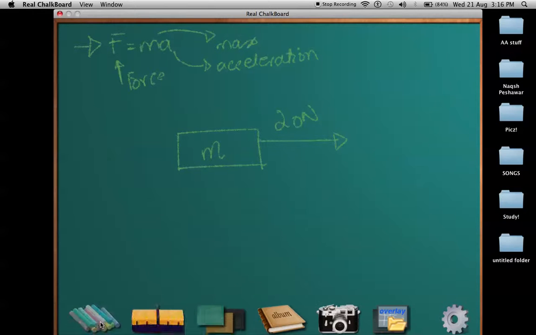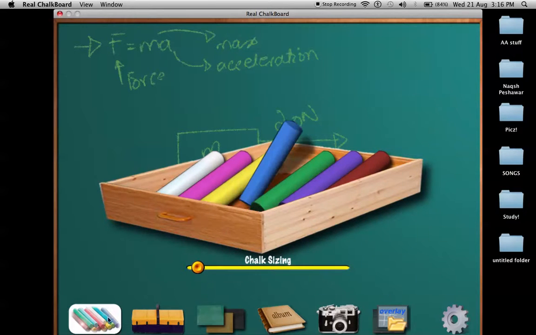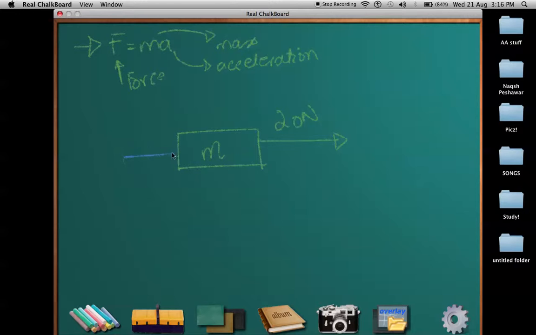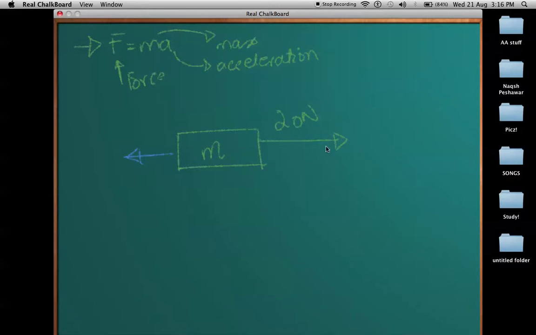However, there is one other person who is pulling this mass on the other side with a force of, let's say, 40 newtons. Now just imagine a situation. Two guys are pulling a mass in opposite directions. So now, if you just think about this logically, obviously the one with greater force would win. It would move in this direction.